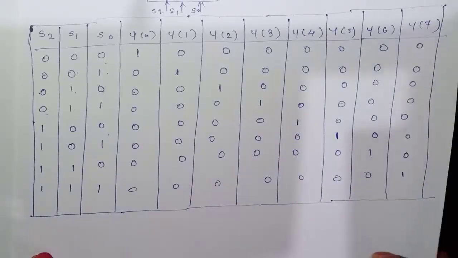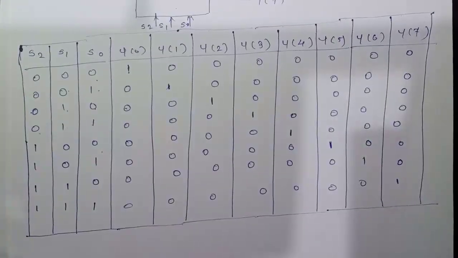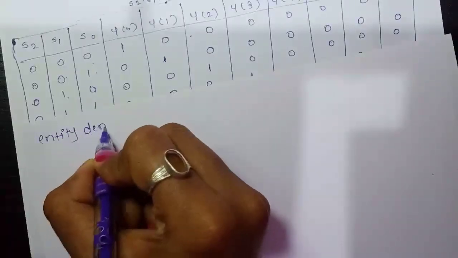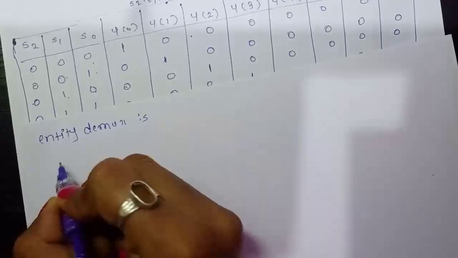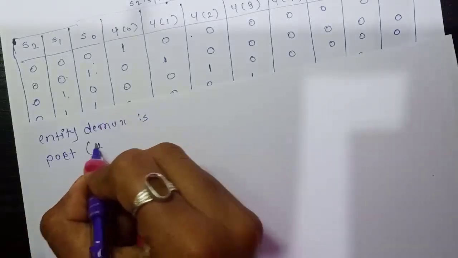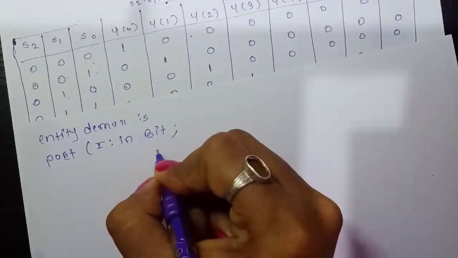Now the VHDL code for this truth table, or for this 1:8 demultiplexer. Entity: the name of the entity is Dmux, is port. The first port is I, an input port, with data type bit.